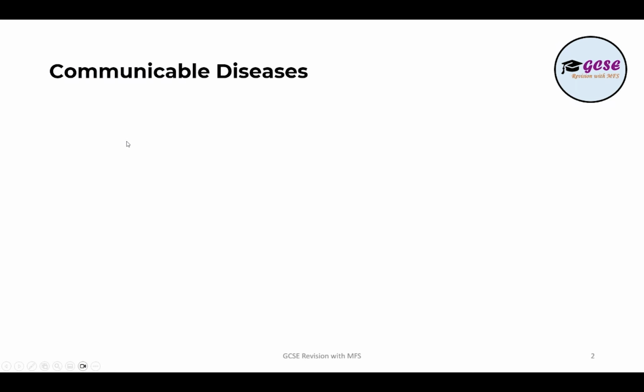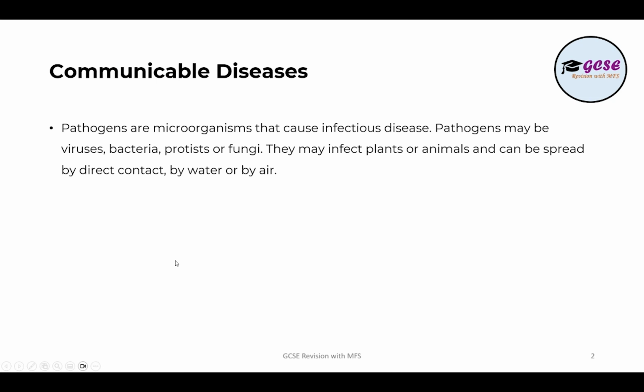So if we make a start now, we're going to look at communicable diseases first. Now, pathogens are microorganisms that cause infectious disease. So if you ever realize that you're not feeling well, the microorganisms that are making you feel unwell are the pathogens.